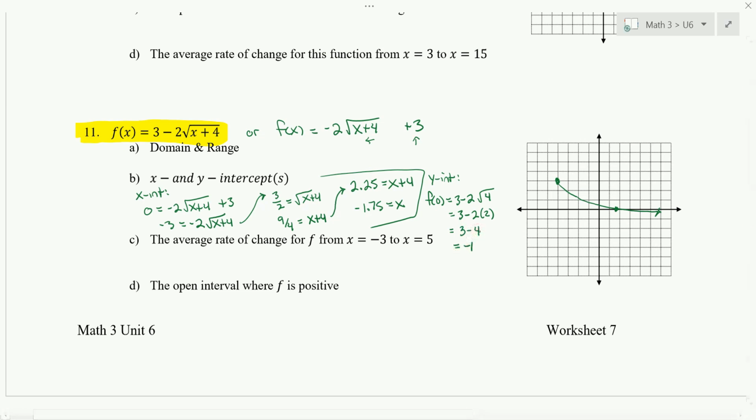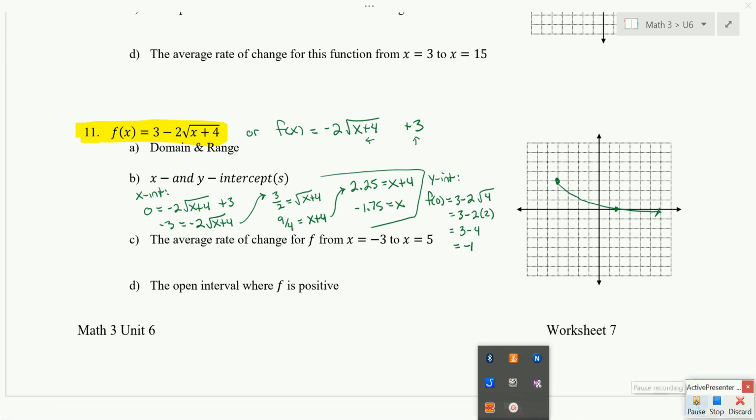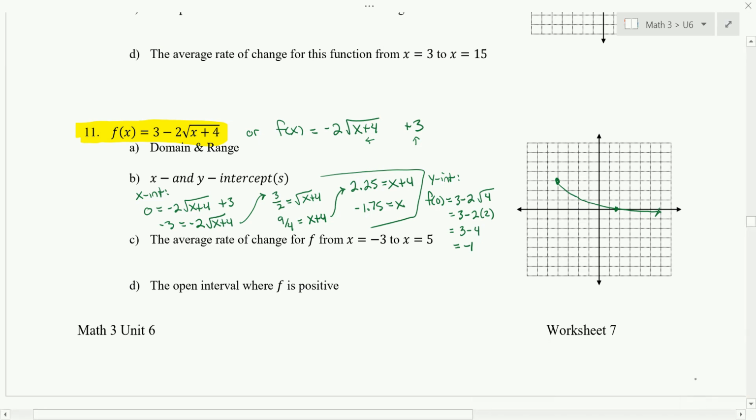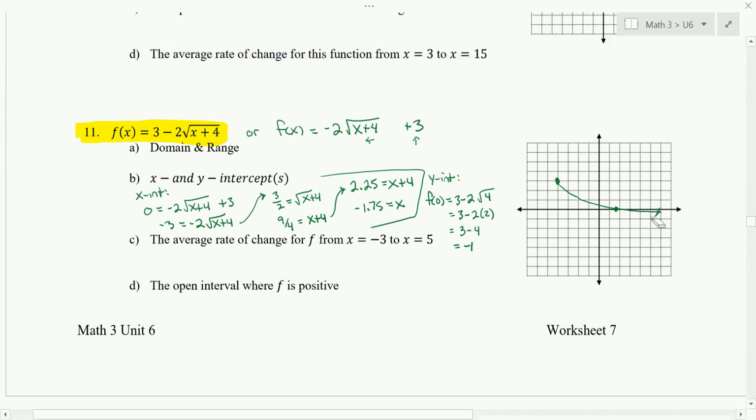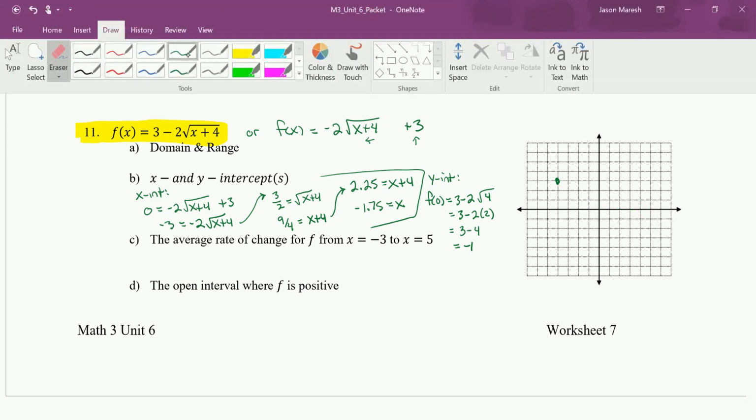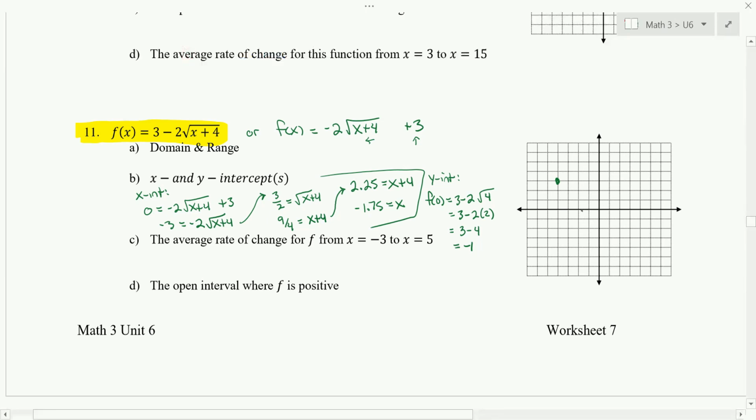Or negative 1. And I'm realizing I put the x-intercept in the wrong spot. It should be at negative 1.75. So x-intercept at negative 1.75, y-intercept at negative 1.